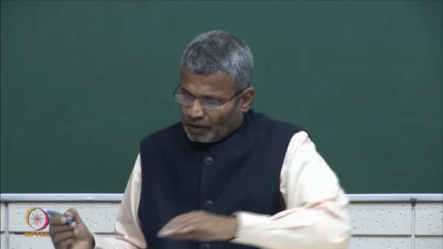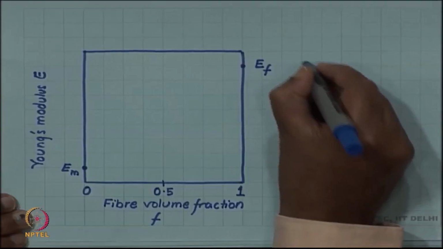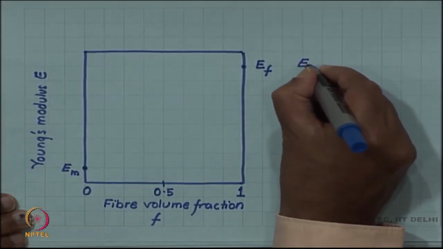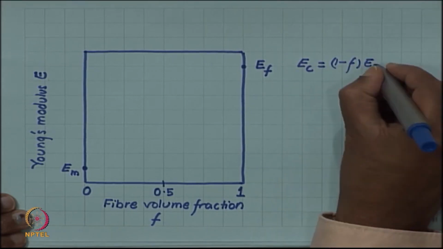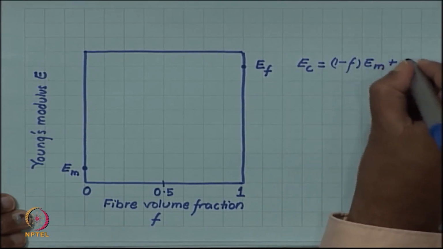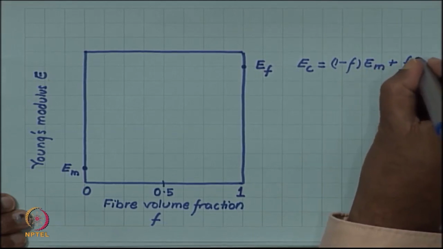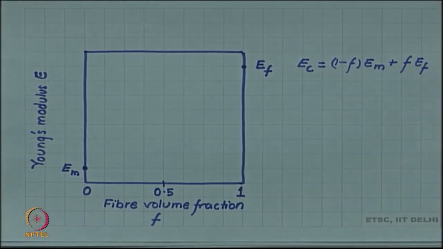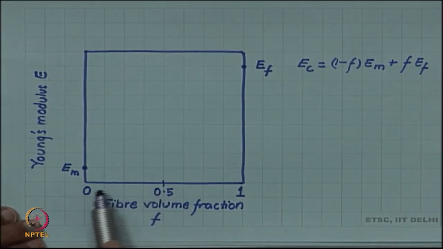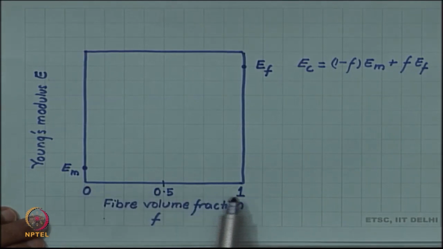So, let us look at how that modulus looks. The composite modulus is 1 minus f times modulus of matrix plus f times the modulus of the fiber. Now, here I am trying to plot with x axis as the fiber volume fraction running from 0 to 1.